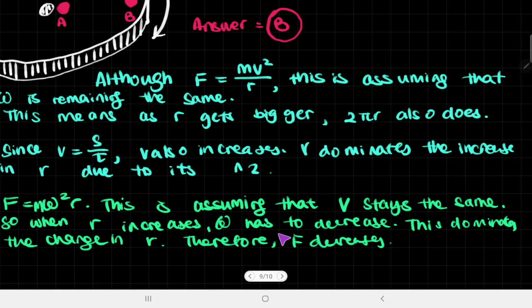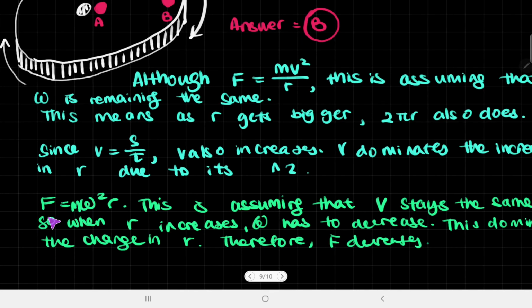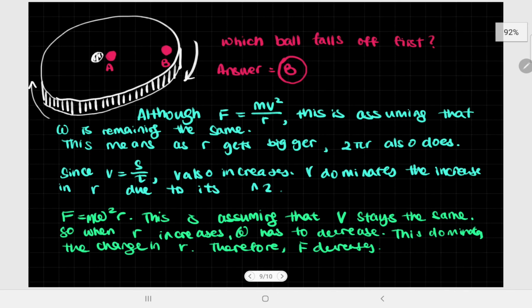And the decrease in the angular velocity will dominate the change in r because omega is squared, and therefore force decreases. So when r increases and the speed is fixed, the angular velocity will go down and the force will go down. Ultimately it's pretty confusing, but it all depends on which variable you want to fix in that situation.